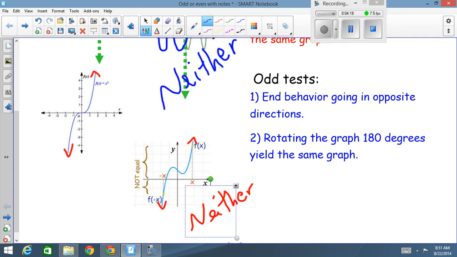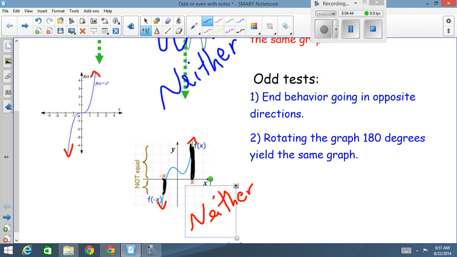If I pick a point on the graph here, and then I flip this thing upside down, that point would be a lot closer to the axis here than it was up here. Okay, so that's another way you can look at that: those points would have to be the exact same distance from the axis, and they're not.